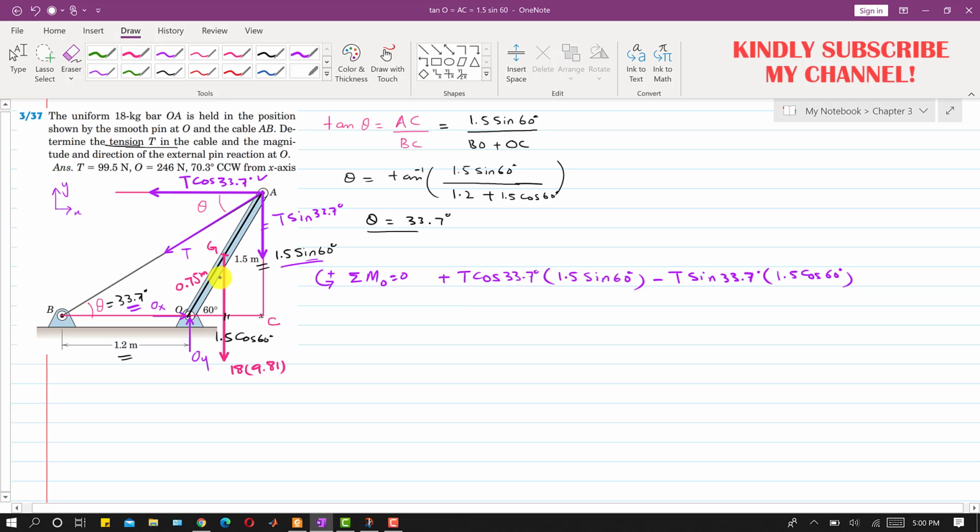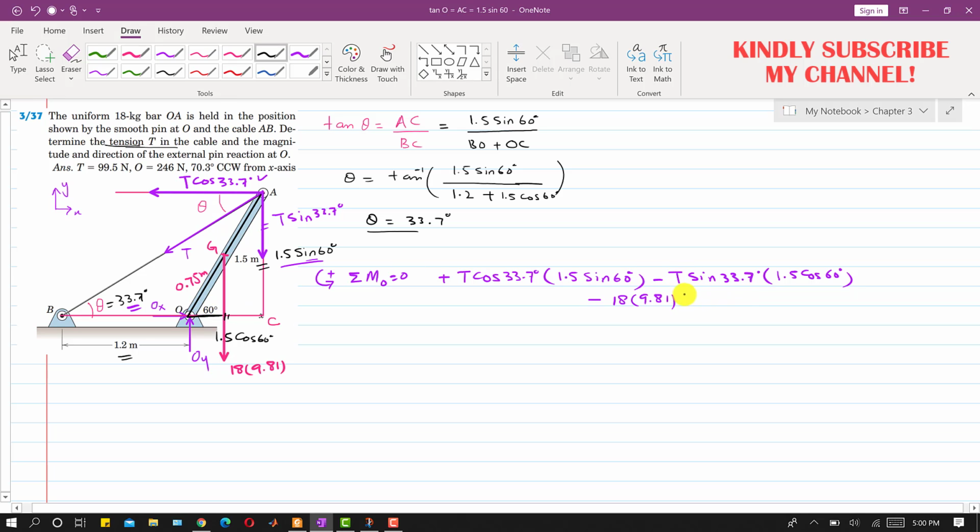And now as we can see, the weight of this OA bar is producing the clockwise moment about point O, so we will write again minus 18 into 9.81, and the perpendicular distance of this weight from point O is this distance, right? If we consider this small triangle, and this OG length is 0.75 meters, then this will be the cos component.